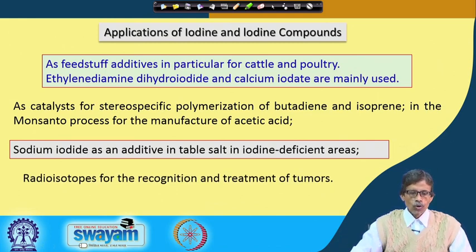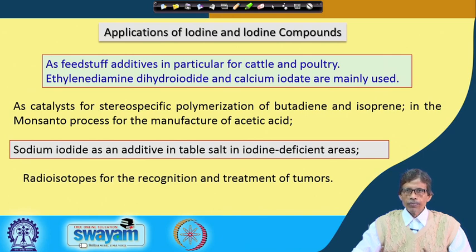Then radioisotopes, that is, iodine radioisotopes for the recognition and treatment of tumors also. We have not discussed anything related to the development of that other isotope, iodine 54.